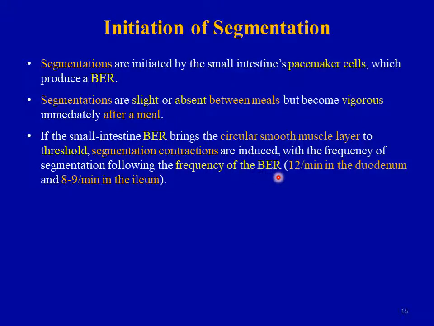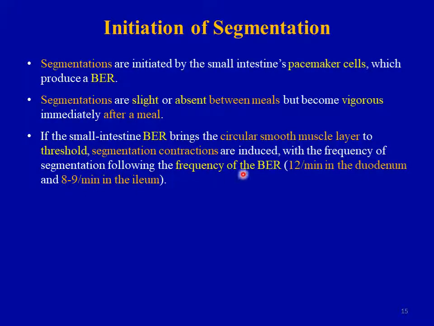And we studied that interstitial cells of Cajal can produce a rhythm of 12 per minute in the duodenum, and as we go distally towards the ileum, the frequency will decrease. This difference in the frequency, with higher frequency in the duodenum and lower frequency in the more distal ileum, is responsible for the slow propulsion of chyme induced by segmentation.